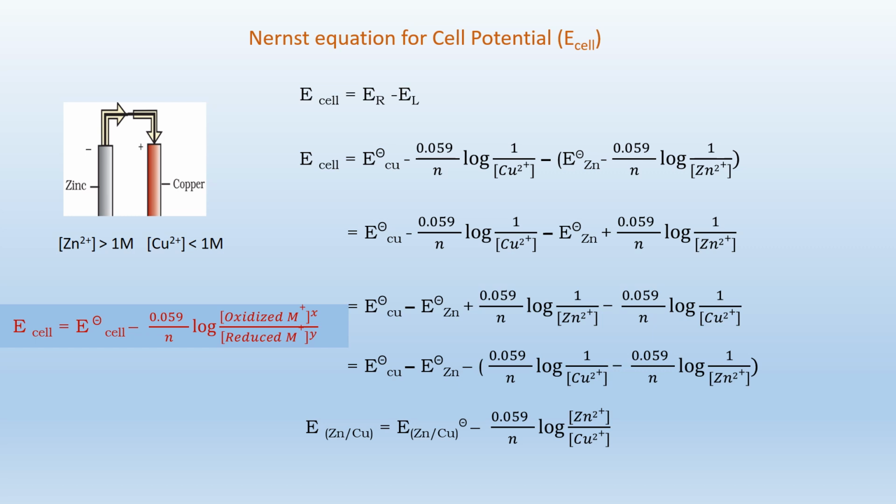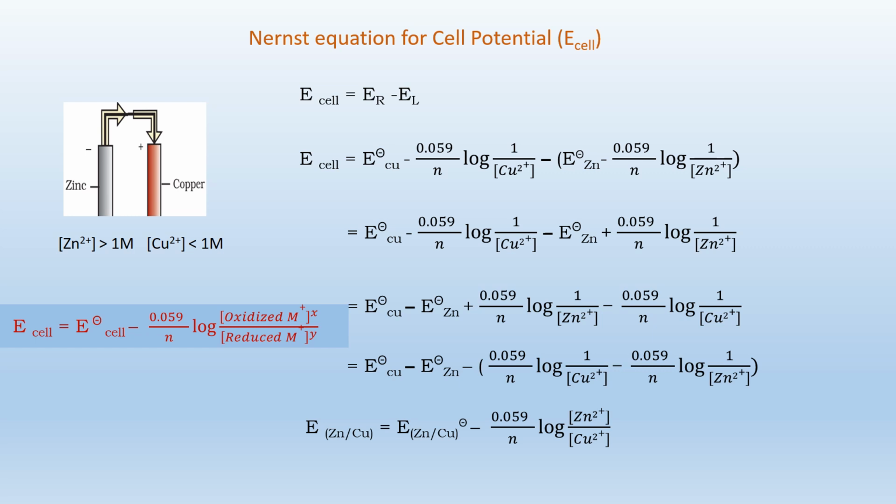For understanding purposes I have written it as an electrode, but you should represent it as metal ion versus metal. In the last equation I have given the cell potential of zinc versus copper: E cell equals E naught cell minus 0.059 divided by n log of zinc ion by copper ion.